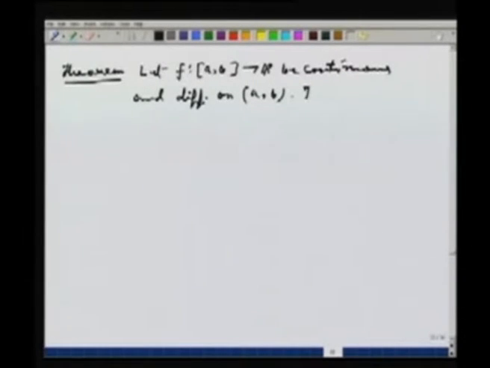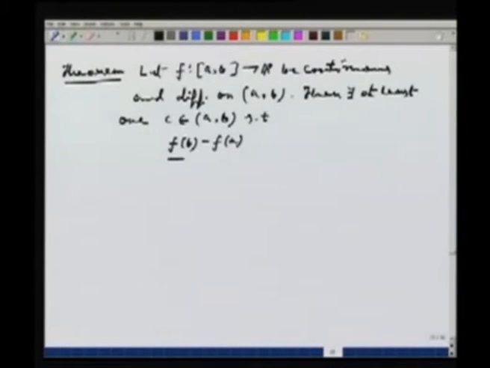Then there exists at least one c in the open interval AB such that (f(b) minus f(a)) by (b minus a) is equal to f prime of c. Okay.